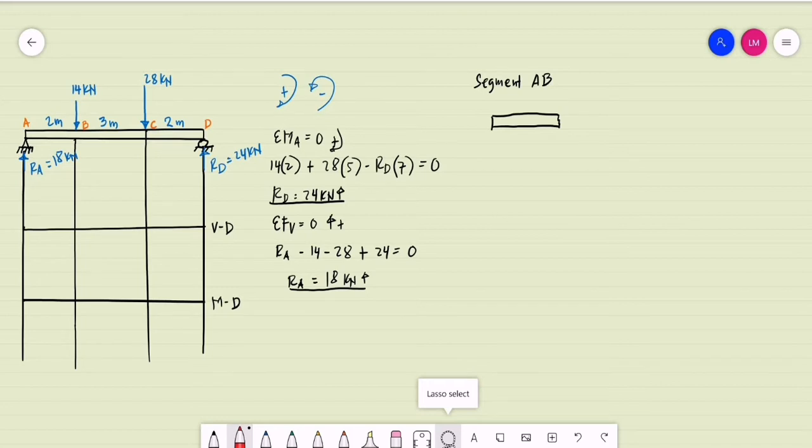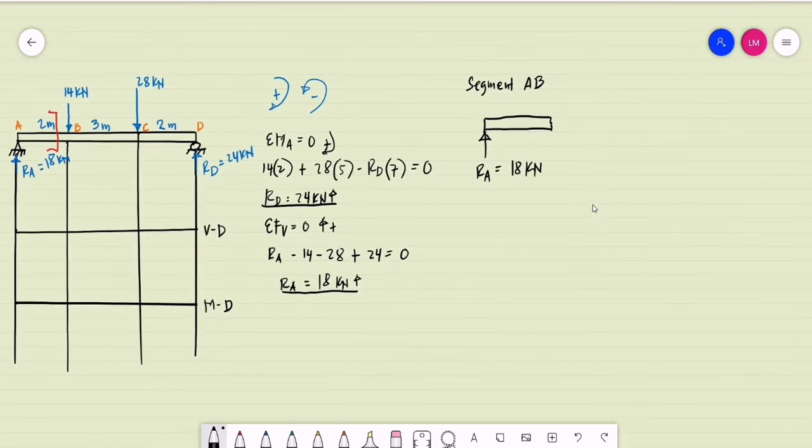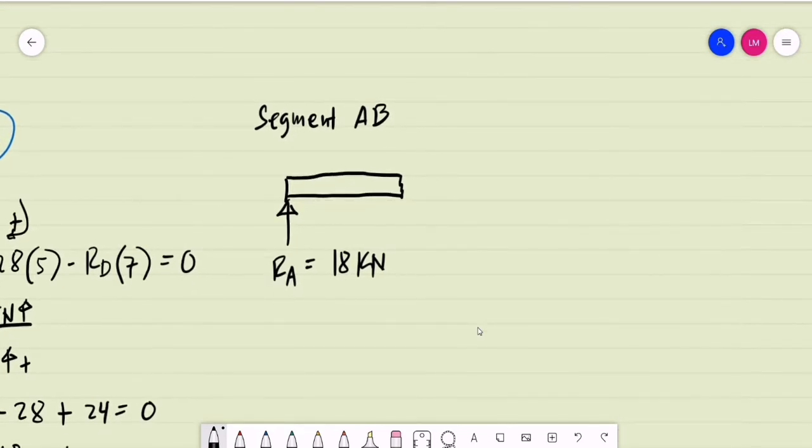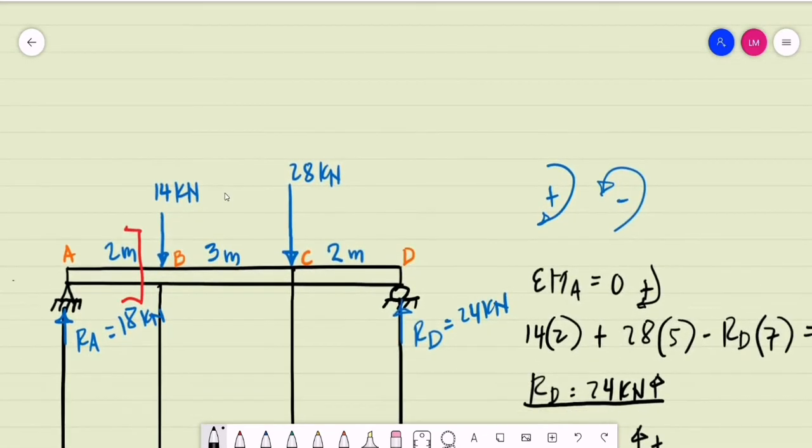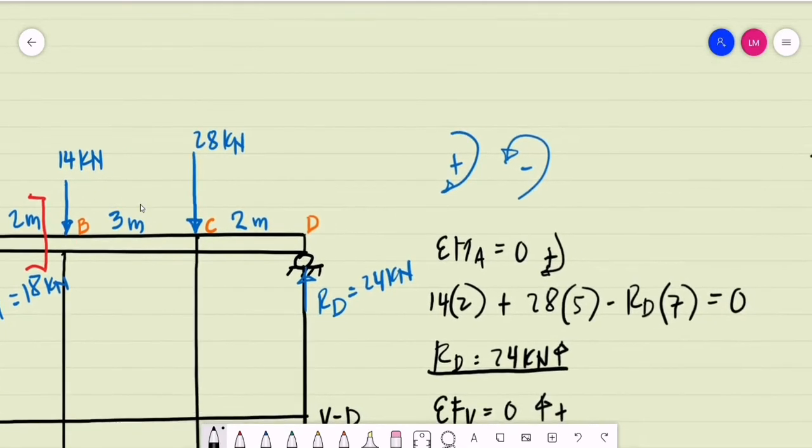Let us assume that we are to cut a section between points A and B, for the interval 0 less than x less than 2 meters, since AB is a segment 2 meters long.